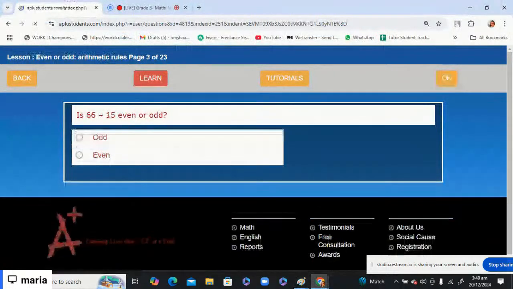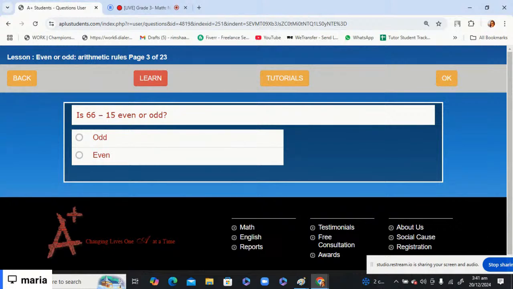Now you guys tell me the answer of this one. 66 minus 15, even or odd? Tell me the answer of this one. I'm waiting now. 66 is even or odd? 66 is an even number. 15 is an odd number.